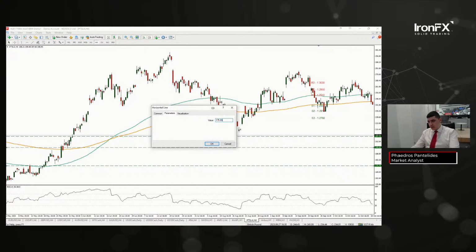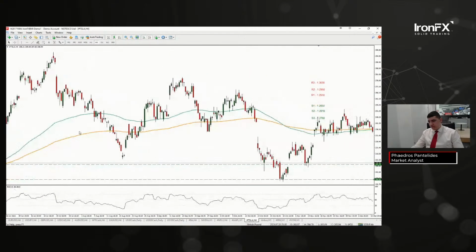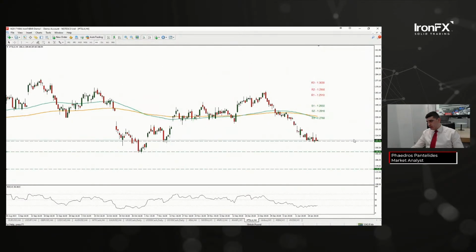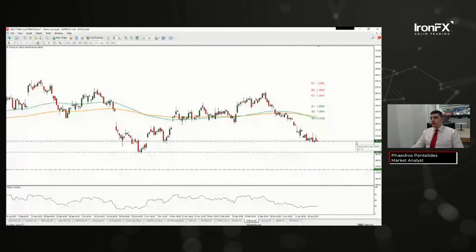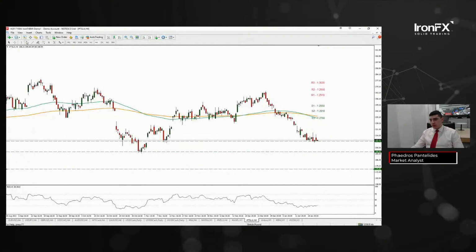Well, let's see if it ran up to 80. Still valid. We have S1 resting, S2 and then S3. Bearish outlook would have to break below S1 and S2 as it is currently on S1.